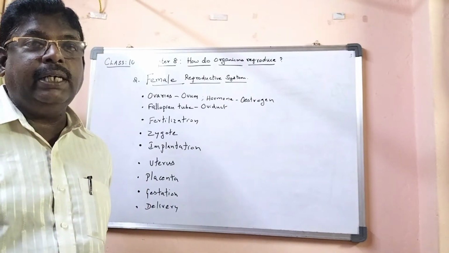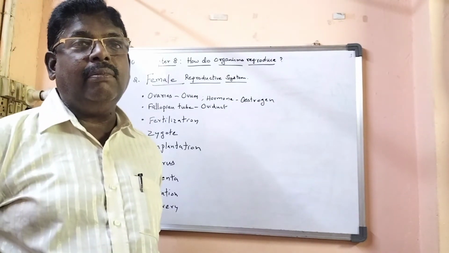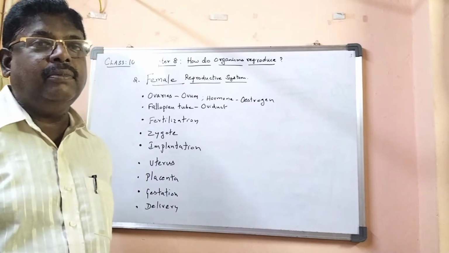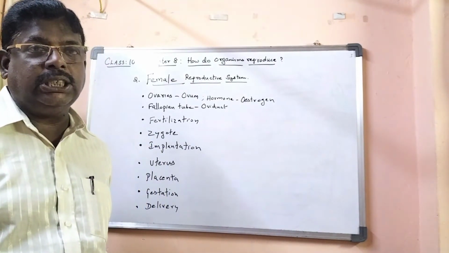There are a pair of ovaries, but only one egg will be released at a time by any one of the ovaries, and that ovum will be present in the fallopian tube or the oviduct.